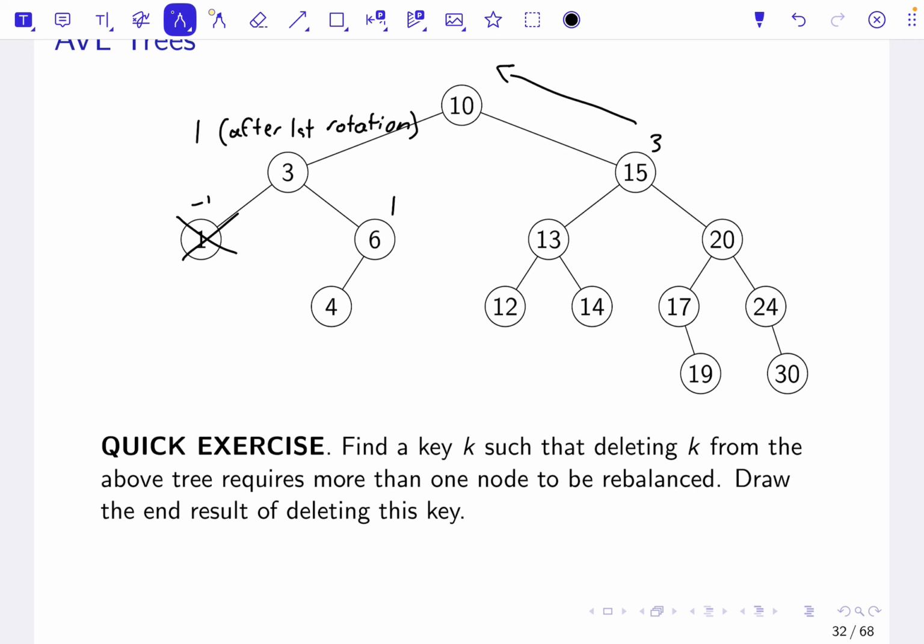This is a nice example of our more general algorithm of moving up the tree and rebalancing as necessary. After deleting that node 1, node 3 still had height 2, and thus the root node was still balanced.